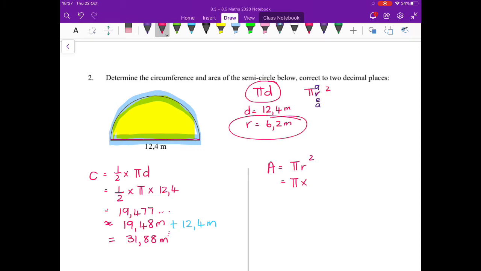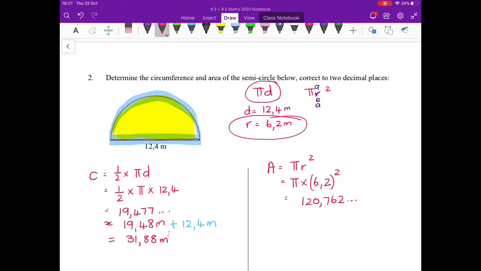So you see I go up here, all done for you already, 6,2. I'm going to square that. And if I do that calculation, I'm going to get 120,762 and so on.